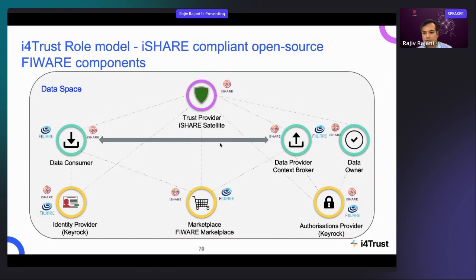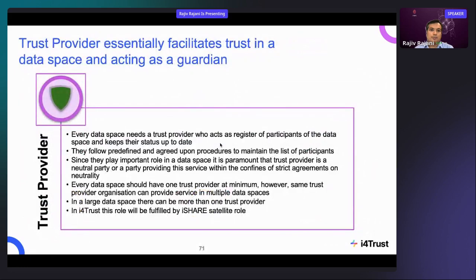This covers all the blocks that are needed for any data space creation. So with iForTrust, you get a ready-made solution, or ready-made components, that you can use to build your use case or solution.